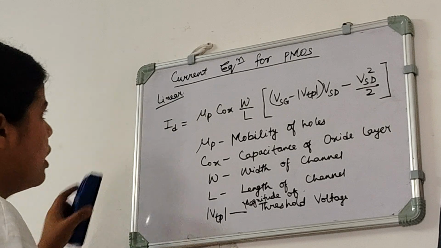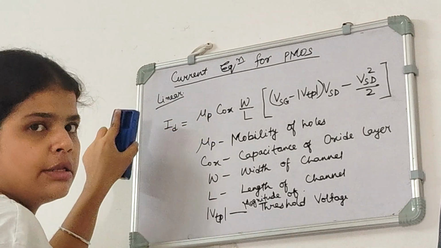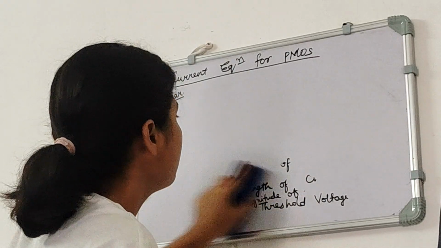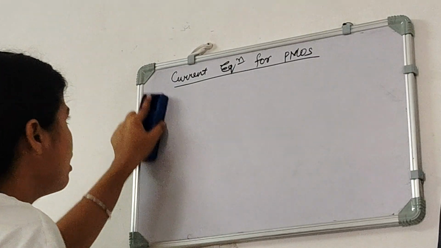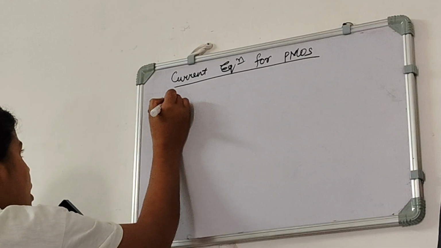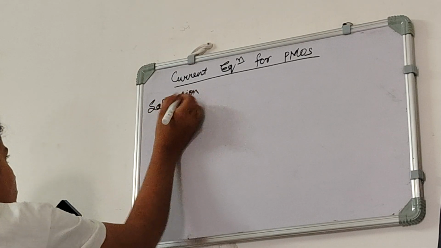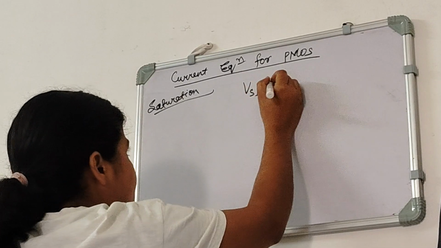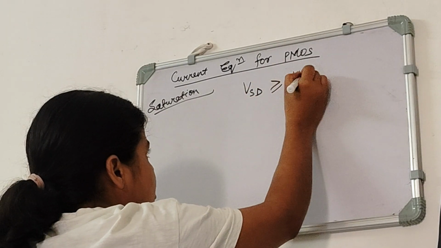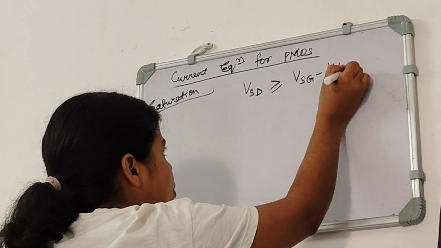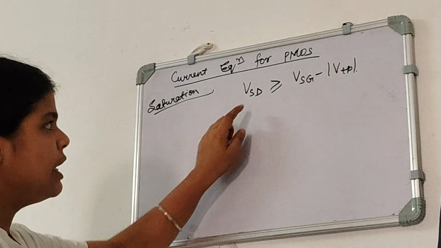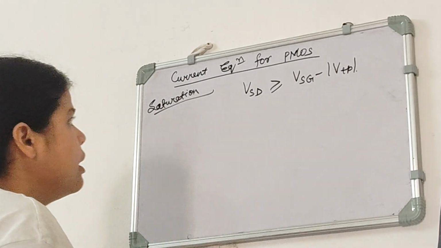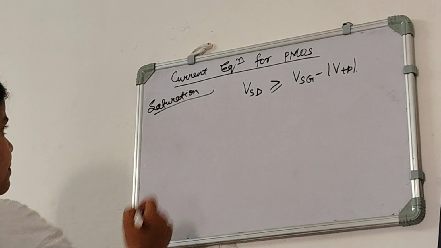Now we will see the current equation for PMOS for the saturation region. For the saturation region, we know that our VSD should be greater than or equal to VSG minus mod of VTP. So in place of VSD, we will just put VSG minus mod of VTP in the current equation of the linear region.